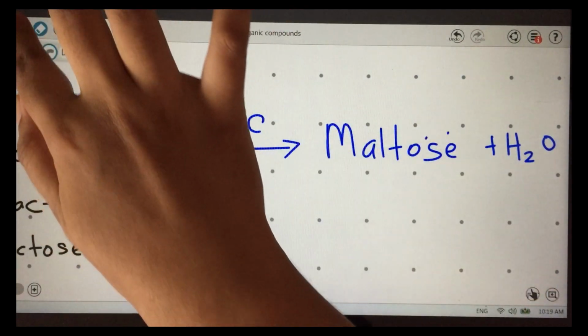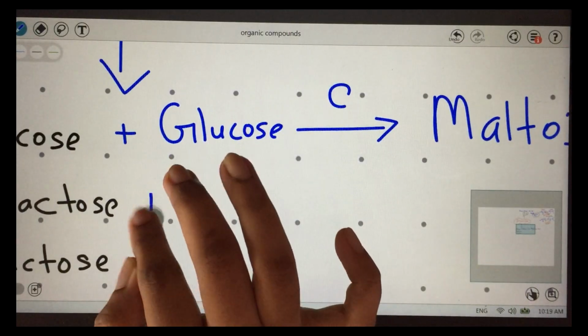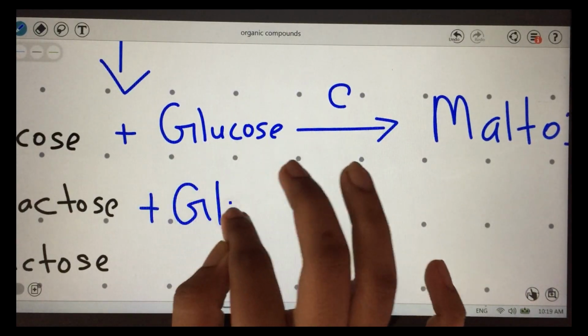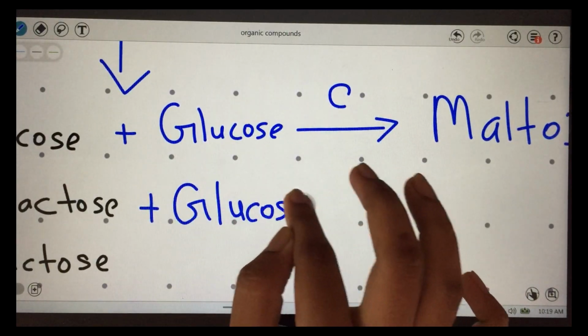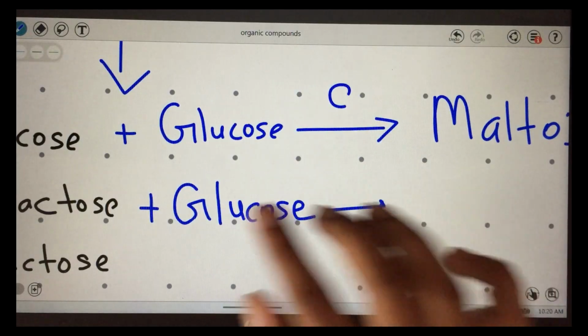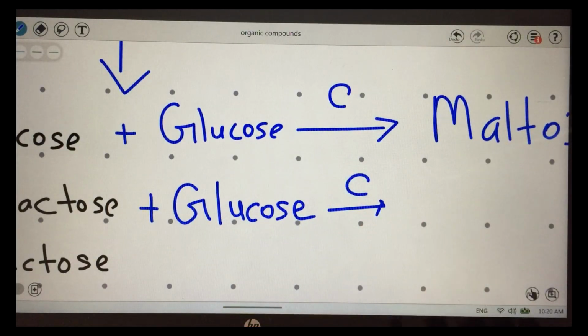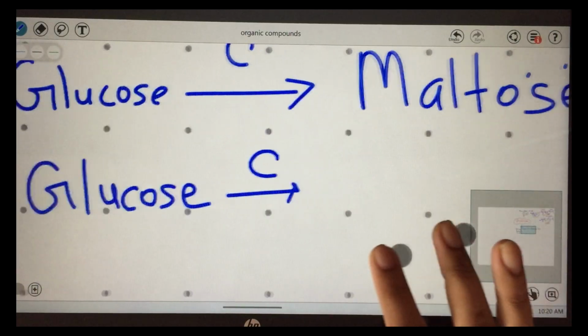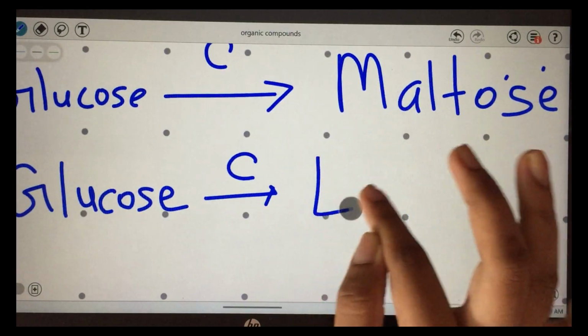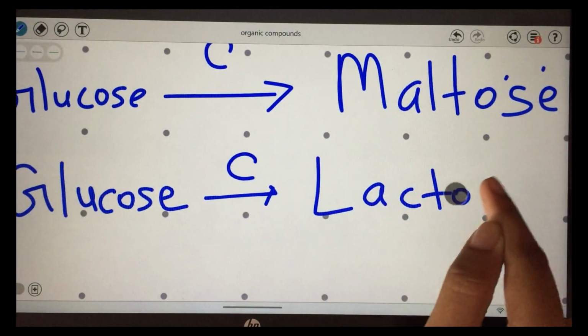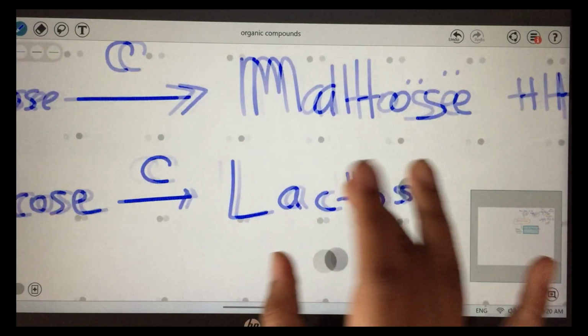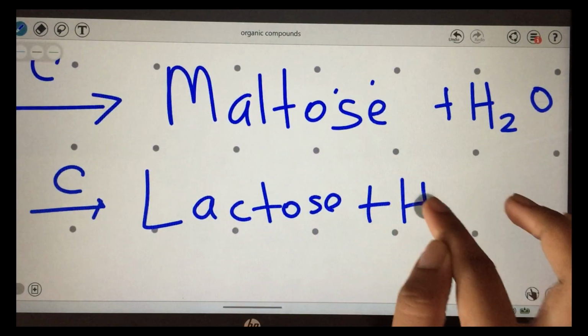Okay, then we move on to the next type of disaccharide. Now galactose is also going to react with what? Glucose. Glucose is like a common fellow. Okay, now glucose and galactose are going to react and they undergo condensation to form what? Lactose. Okay, lactose and water.